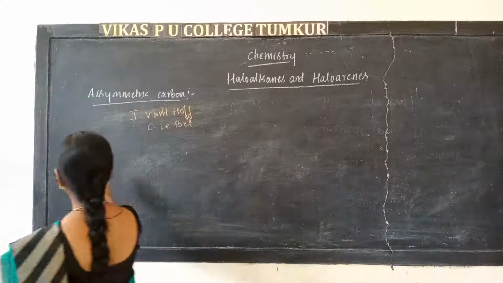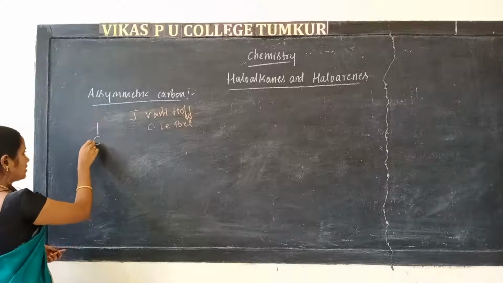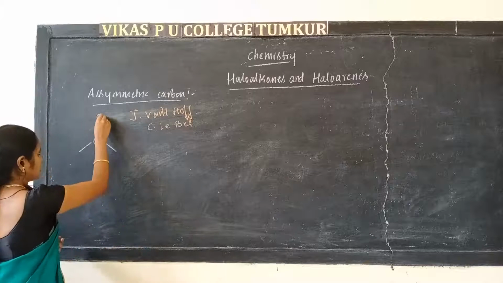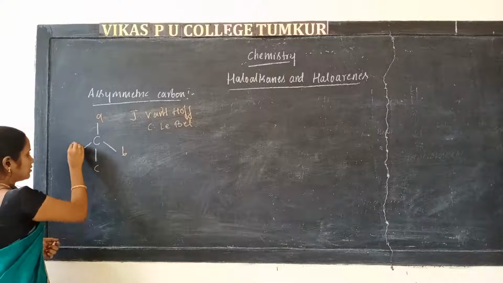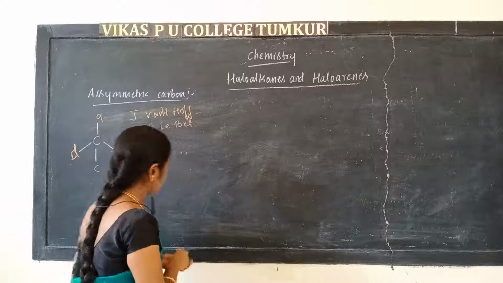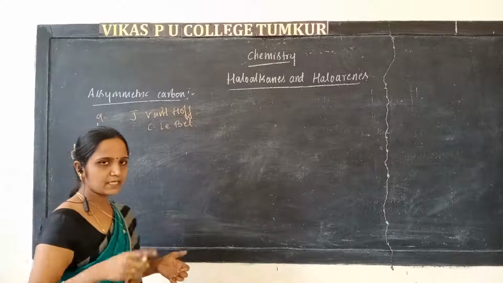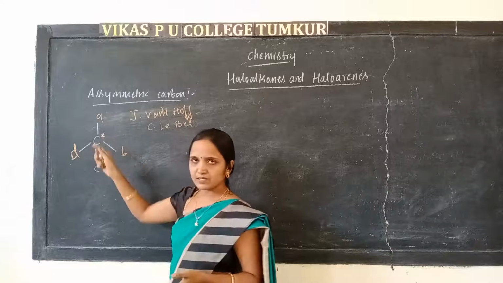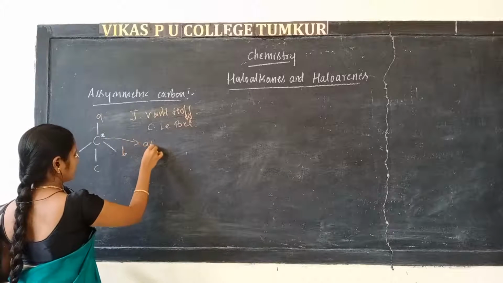Suppose the carbon at the center is surrounded by four different atoms, A, B, C, D, like this. This is called an asymmetric carbon, and it is represented using a star mark.